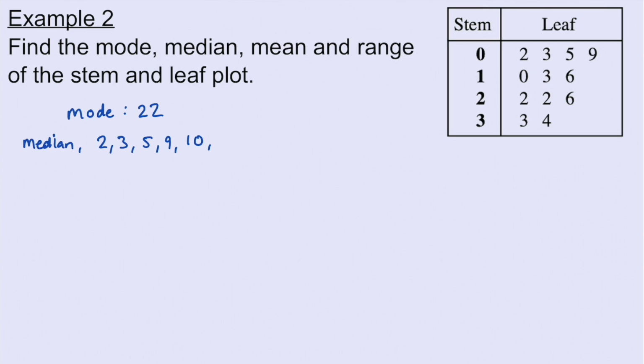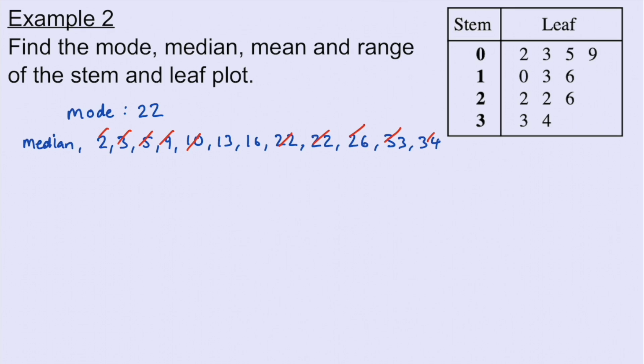We've got 10, 13, 16, 22, 22, 26, 33, and 34. So we're going to do what we did before when we were looking at the median. We're going to cross out each number from the smallest number and the largest number in pairs, and we're going to work our way into the middle. So let's cross out that number, cross out that number, cross out that number, cross out that number, and keep going.